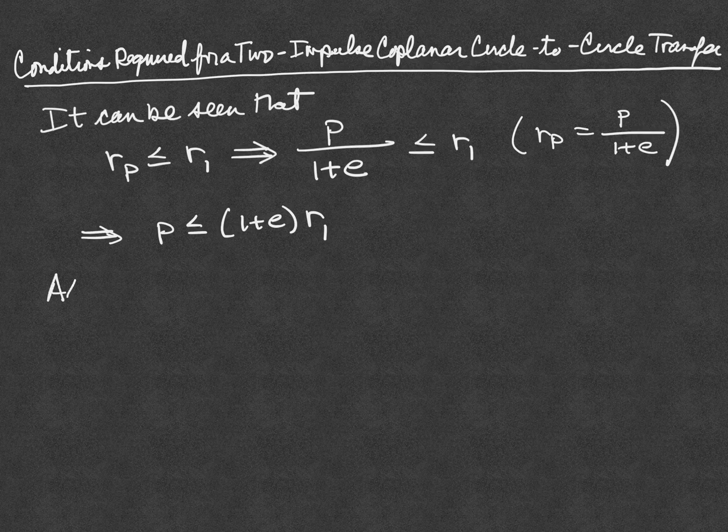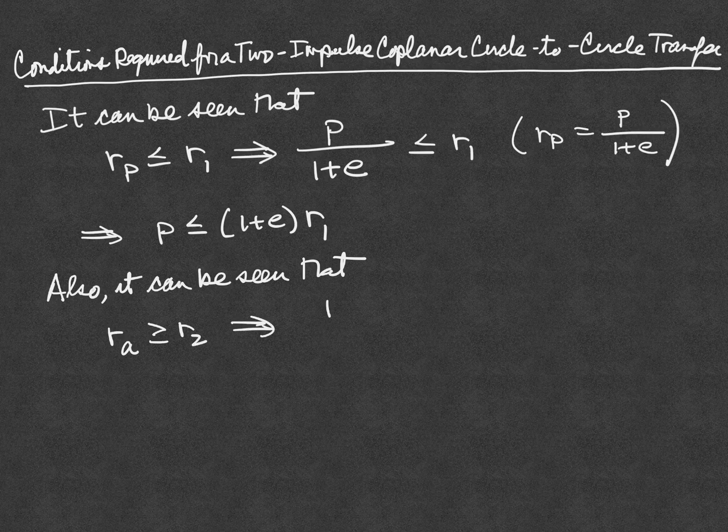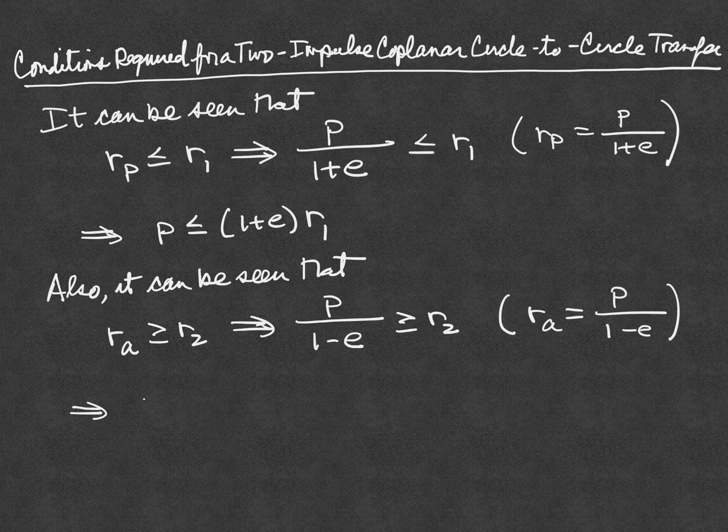Also, it can be seen that the apoapsis radius of the transfer orbit has to be greater than or equal to r2. So that implies that p over 1 minus e has to be greater than or equal to r2, and that's because ra is equal to p over 1 minus e, from which we obtain that p has to be greater than or equal to r2 times 1 minus e.